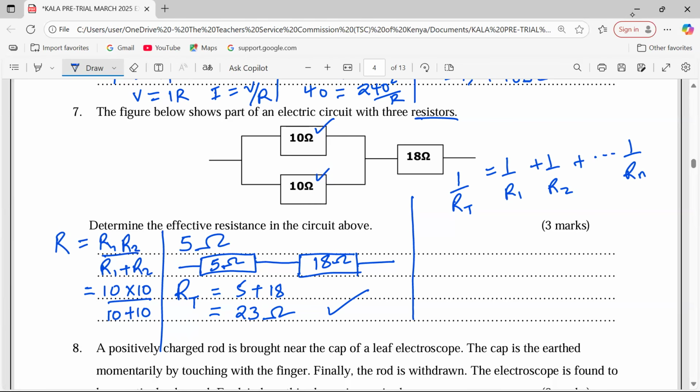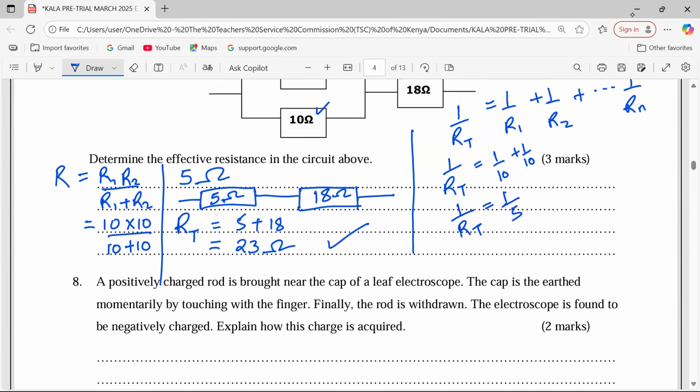So when they are 2, we can still use this general formula so that people may not confuse. 1 over total resistance equals 1 over 10 plus 1 over 10. From my calculator, I'm getting 1 out of 5. And if 1 over RT is 1 over 5, then the total resistance is the reciprocal on the other side, which is just 5.